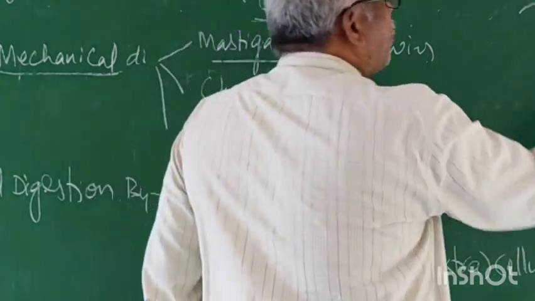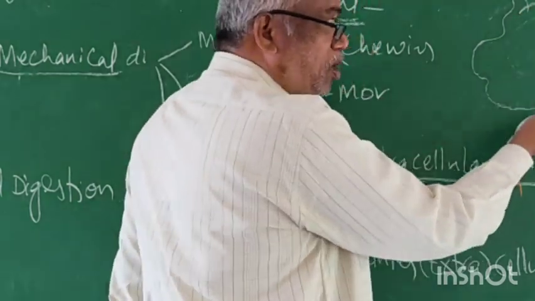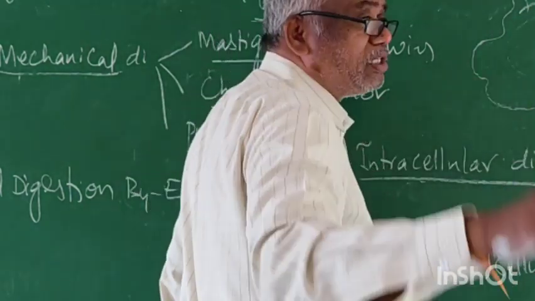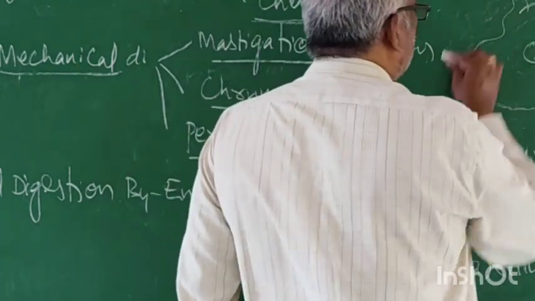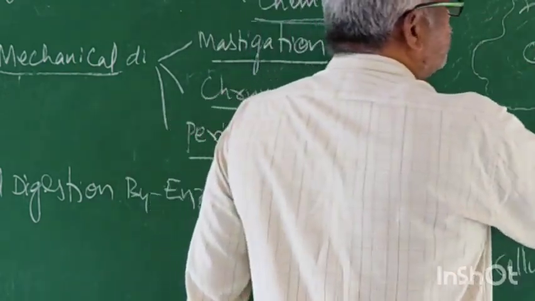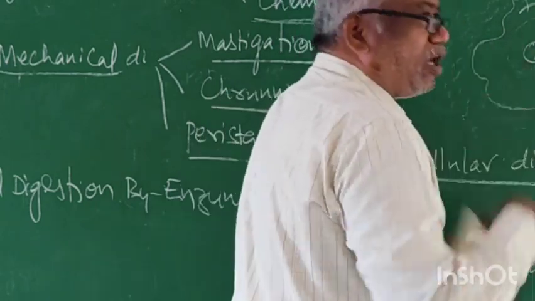Suppose you take an amoeba which lives in fresh water. Its total body is a single cell, hence it is unicellular. When the food is present in the medium, it is engulfed with the help of the cell.